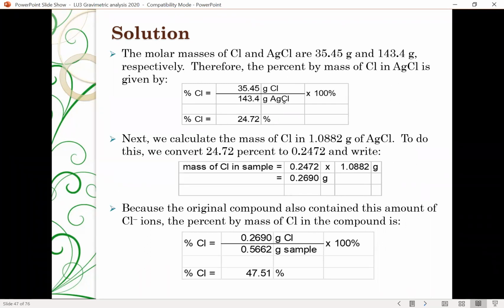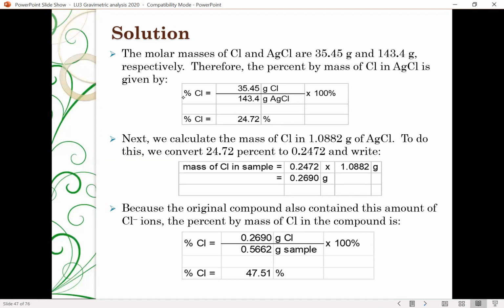In this case, we have the same number of Cl on the upper term and the lower term. So we don't have to add any coefficient in front of Cl or in front of AgCl because they are already balanced. So from here, you can calculate the gravimetric factor, which is 0.2472.